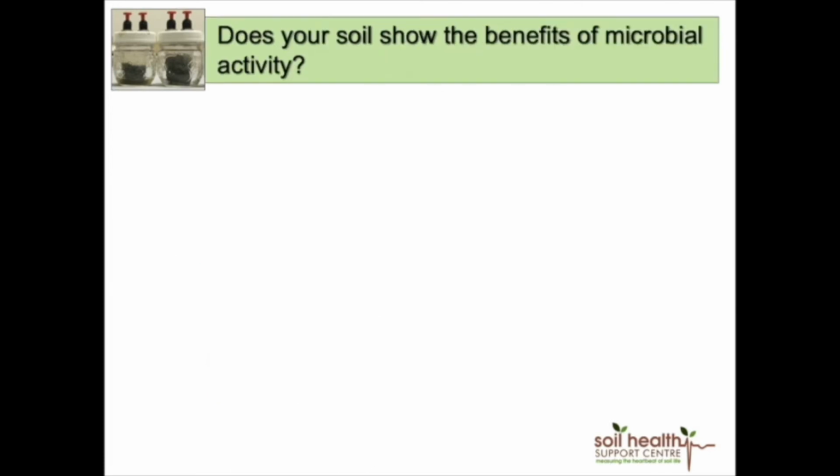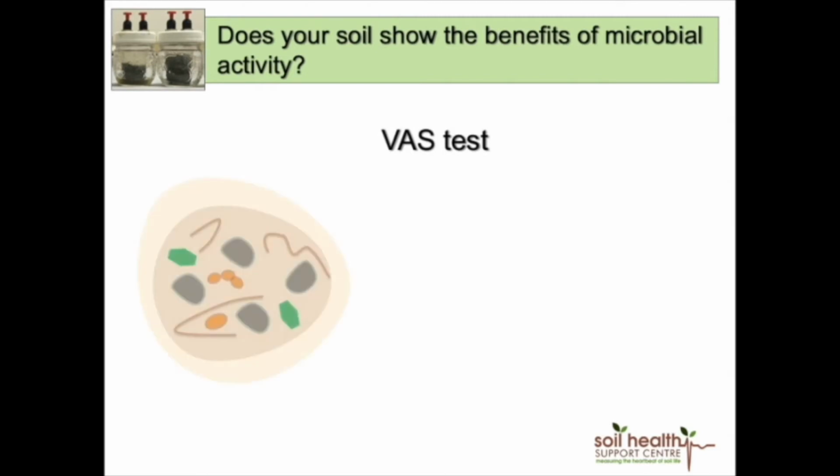The next question that we want to answer is, does your soil show the benefit of microbial activity? The test that answers this question is the VAS test, or the volumetric aggregate stability test. In very basic terms, the test measures how much aggregates are accumulated around the soil particle.